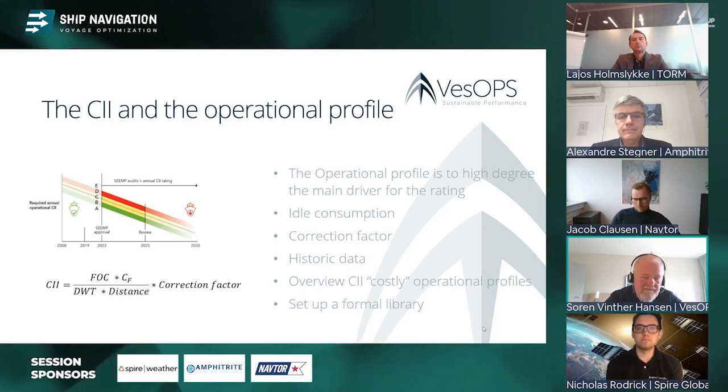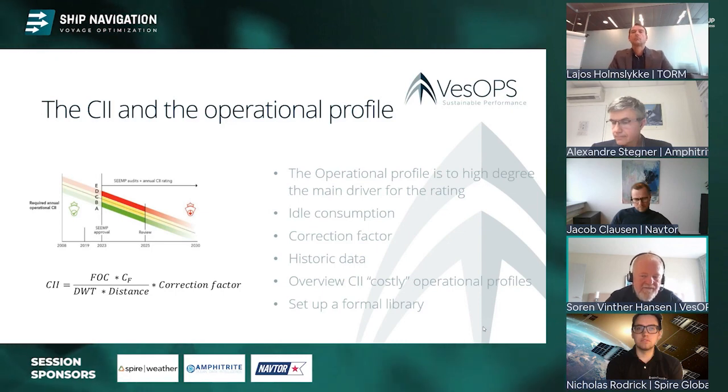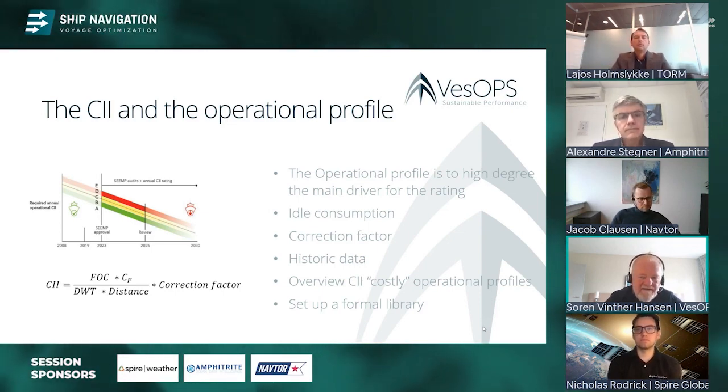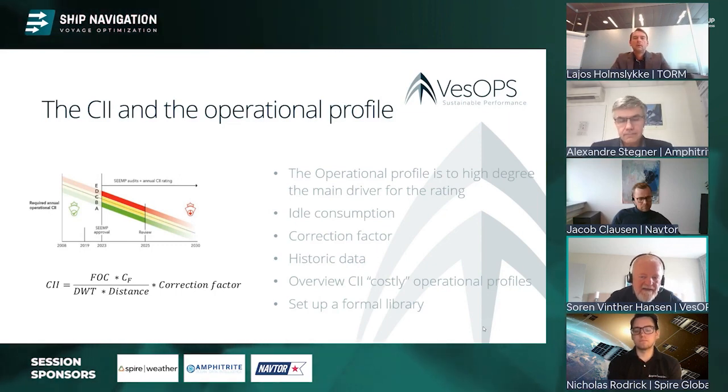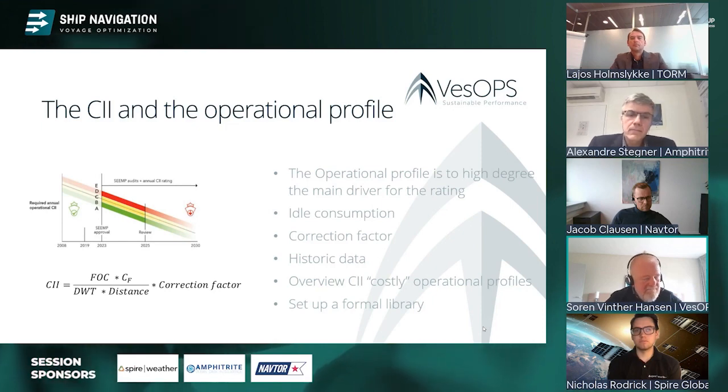Then if you look at historic data, you can see which profiles have a high cost on my CII, and then you can start looking at, okay, can I set up a formal library for this, and look at the CII costly routes. So we can try to do that.